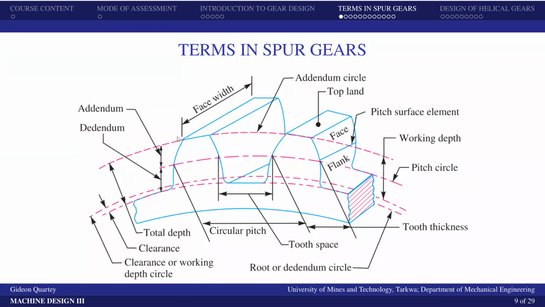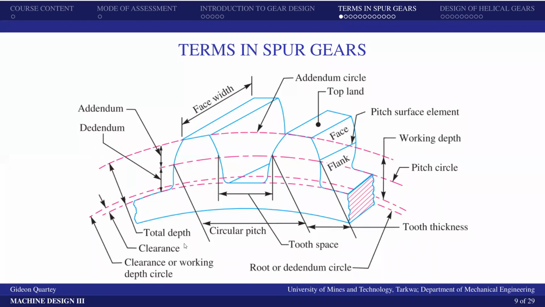This is what you call the addendum, the distance from this circle to that one. Okay, and then the top circle is what we call the addendum circle, and then the bottom one, which is this one, is called the dedendum circle.